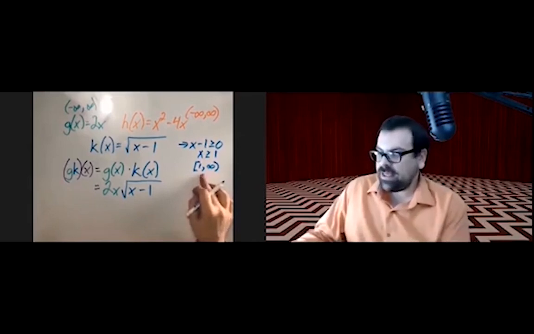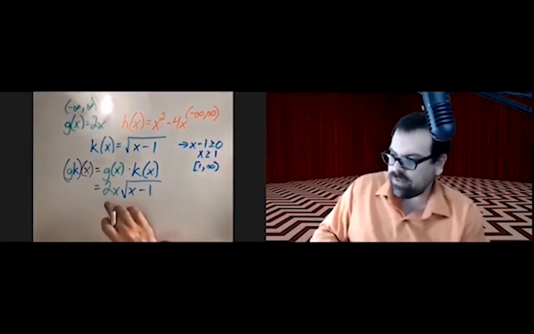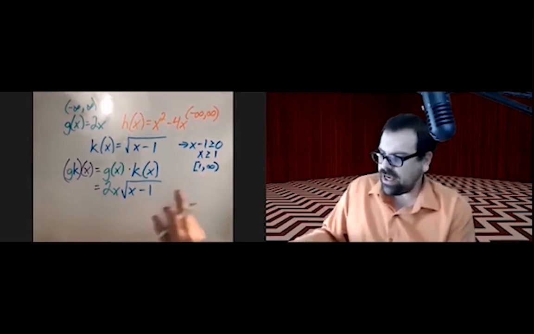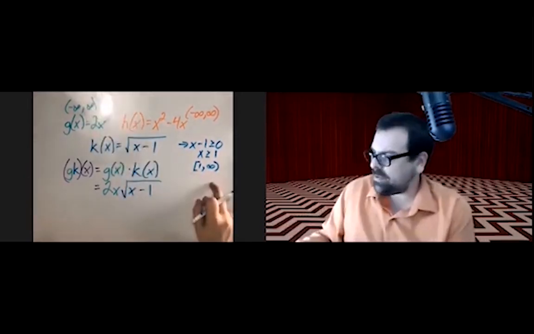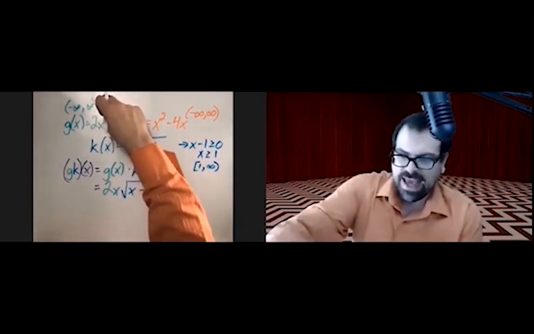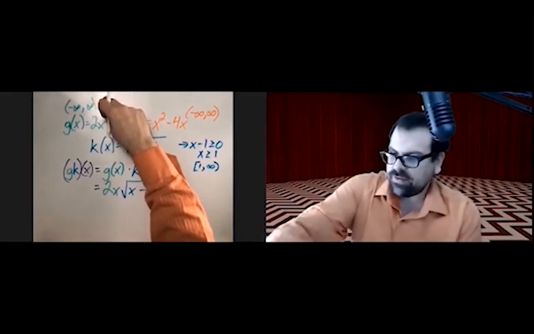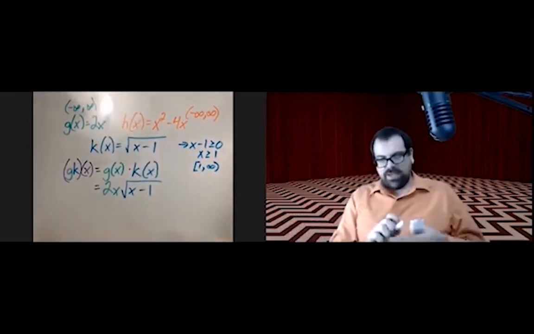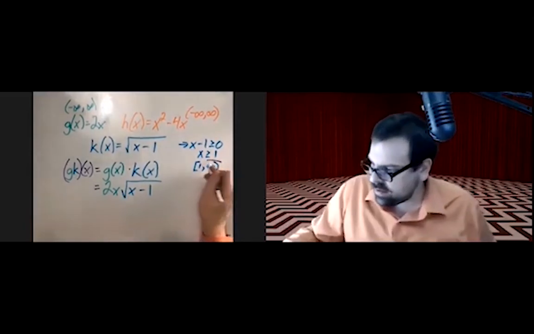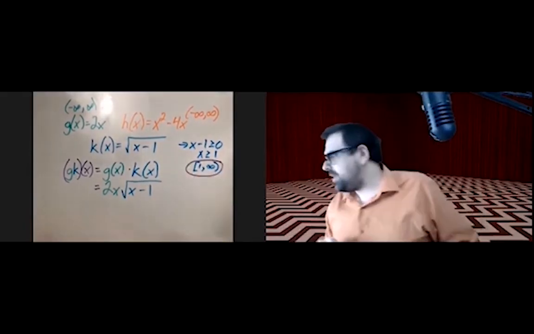So we would need the intersection of the domains for g and k. Where do they overlap? Well, since g's domain is everything, the overlap is just going to be the same as the domain of k.